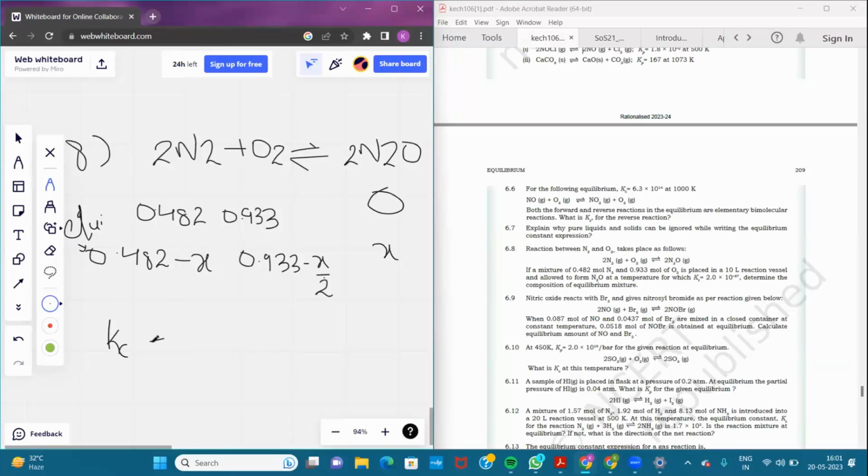So Kc would be the concentration of N2O by N2 square.